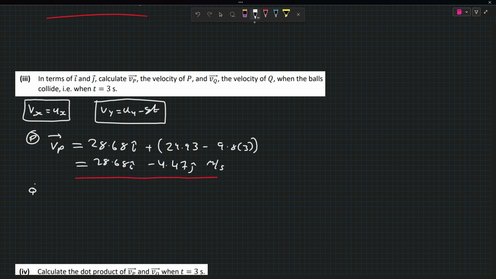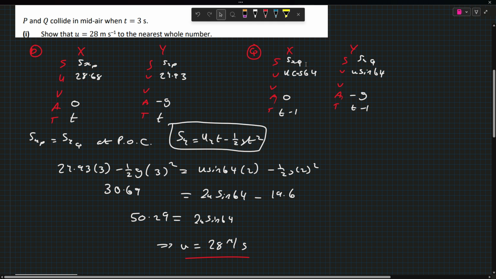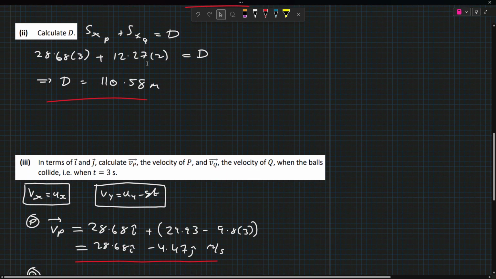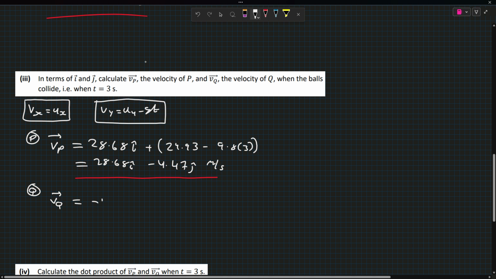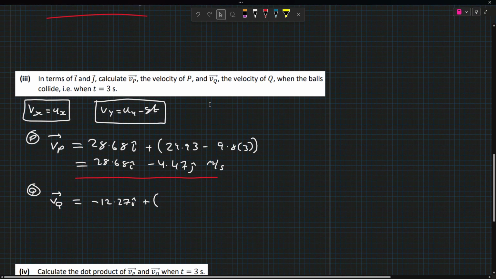Now, the velocity of Q. Because it's going the opposite direction, it's actually going to be minus u cos 64, which is 12.27. So it'd be minus 12.27 i plus, now uy is 28 sin 64, which is 25.17, minus 9.8 by 2.